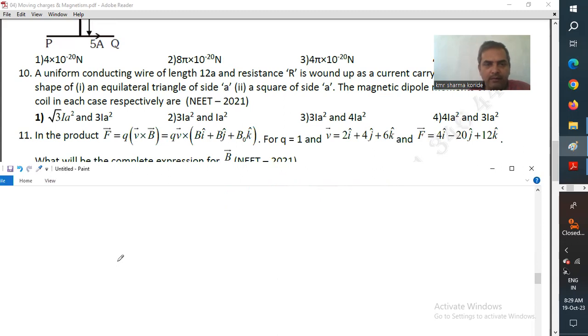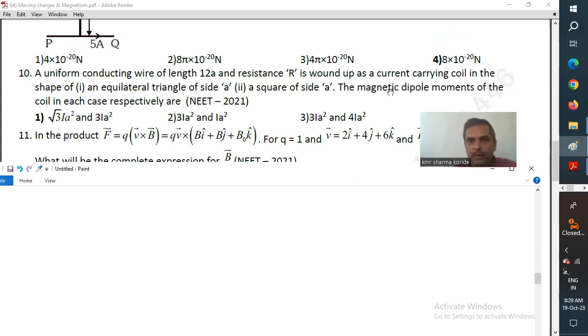A uniform conducting wire of length 12A and resistance capital R is wound up as a current carrying coil in the shape. So first is which same wire is prepared as an equilateral triangle of side A. The same wire in the next case is prepared as a square of side A. The magnetic dipole moment of the coil in each case, right?